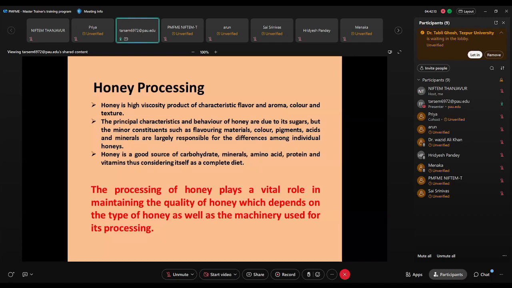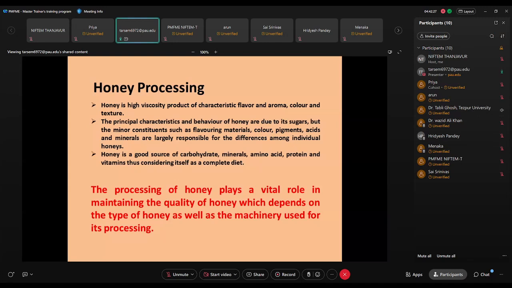Honey processing mainly involves heating, so that its flowability can be increased, we can put the material into the packaging material easily, and we can handle that material very easily. As such, processing may not be required for honey.